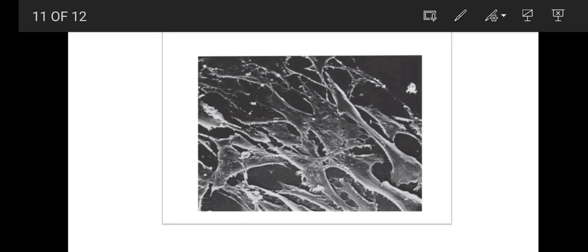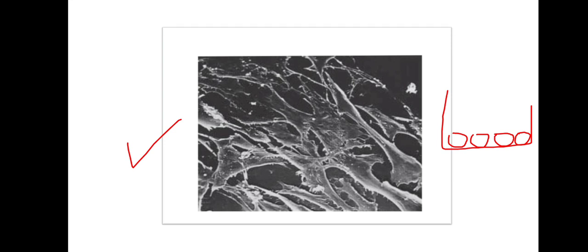For example, here is the microscopic image that shows us how the normal cells grow. If we have these normal cells, they will grow like this. Whereas in the case of the cancerous cells or the malignant cells, there occurs the formation of clumps.